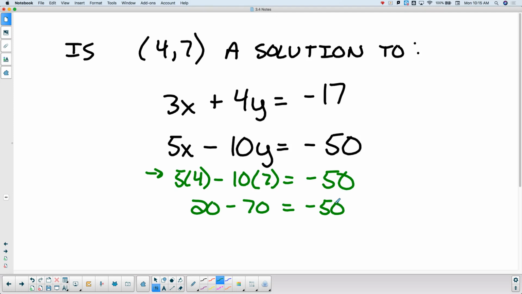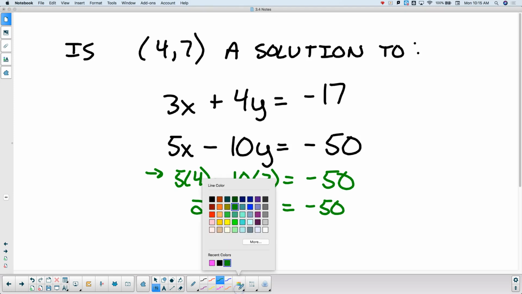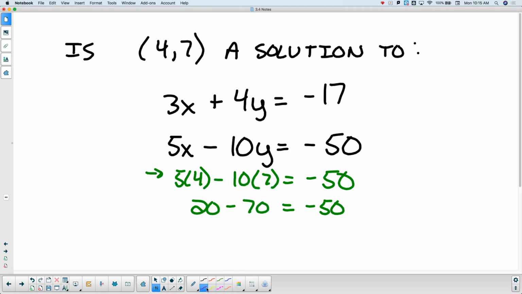But up here, 3 times 4 plus 4 times 7, that's 12 plus 28 is 40, and 40 is not equal to negative 17. So it's not a solution to the system. Okay? It may be in one, but not the system as a whole.